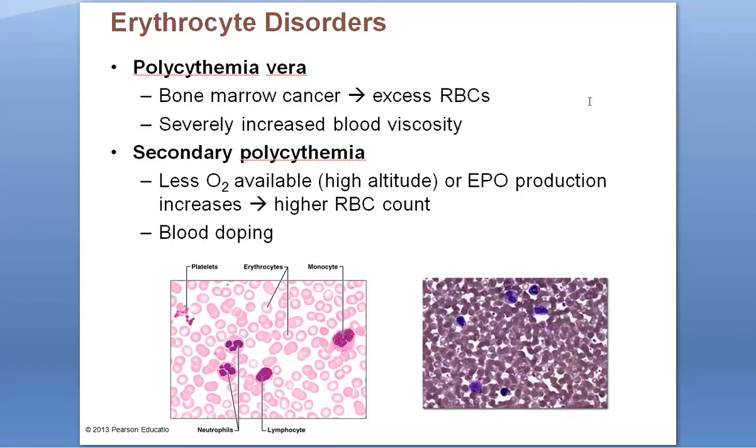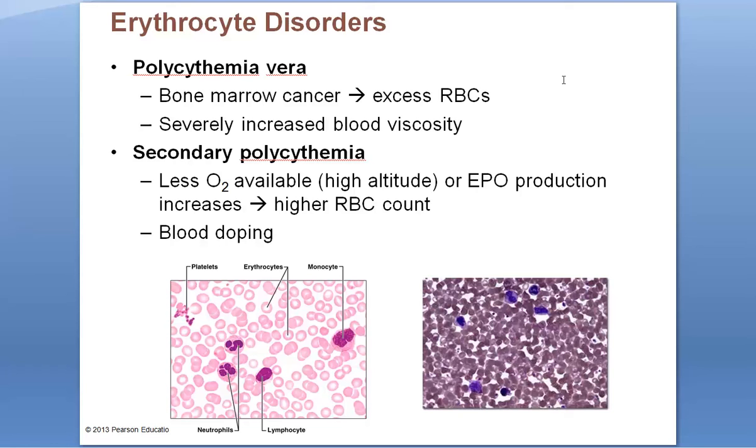Polycythemia vera results usually from bone marrow cancers that produce excess numbers of red blood cells that may or may not be functional. Overall, that and secondary polycythemia will lead to an increase in blood viscosity or thickness, and thus make that person more prone to conditions such as stroke or clotting in the vessels.